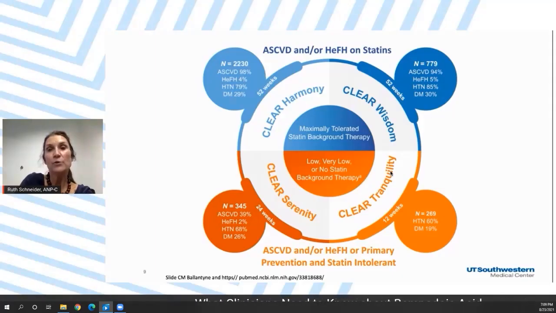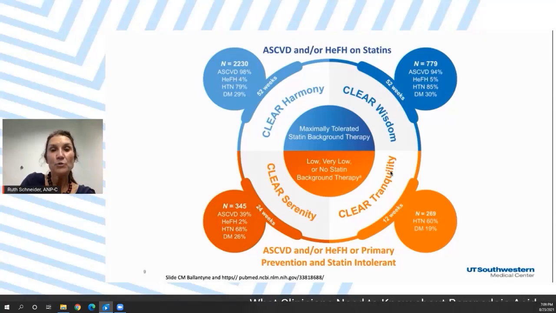Total number in Clear Wisdom, 779, 94% had ASCVD, 5% had heterozygous FH. In Clear Harmony, total number was 2,230 participants. 98% of those had ASCVD, while 4% had heterozygous FH.